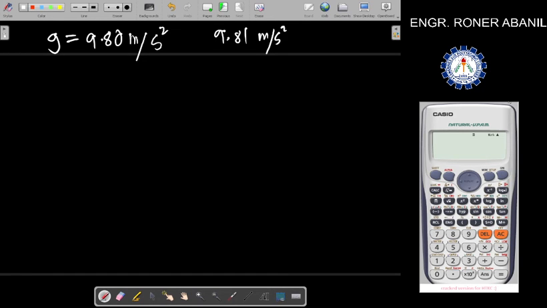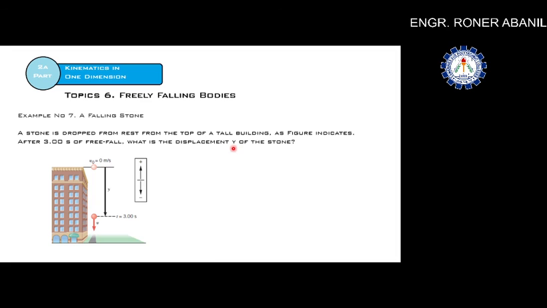Okay? So, punta tayo dito sa problem number 7. Sabi niya dito, a stone is dropped from the top of the tall building. So, makikita natin dito sa figure na to. After 3 seconds of free fall, what is the displacement y of the stone?